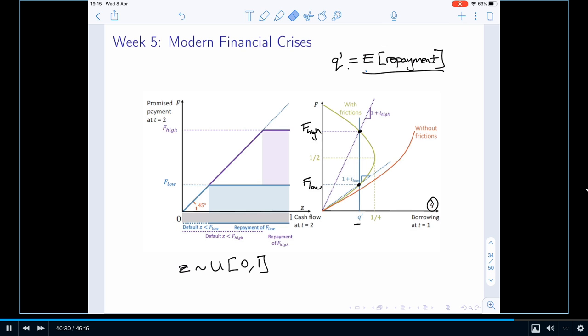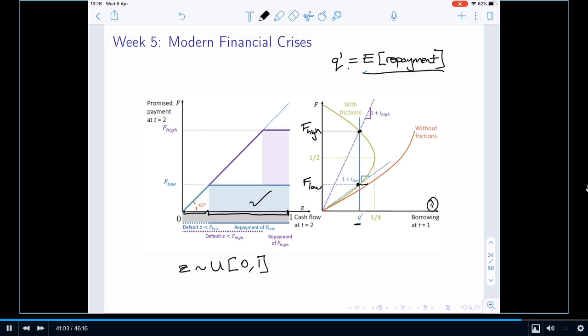But for Spain and for society collectively, F low is much better than F high. Why? Because in the case of F low, Spain has to promise to pay back a relatively low amount, so it's often able to pay it back. In all of these cases here, its cash flow is high enough to pay back and avoid default. Therefore, default is relatively rare, and the costs of default are relatively low in expectation.